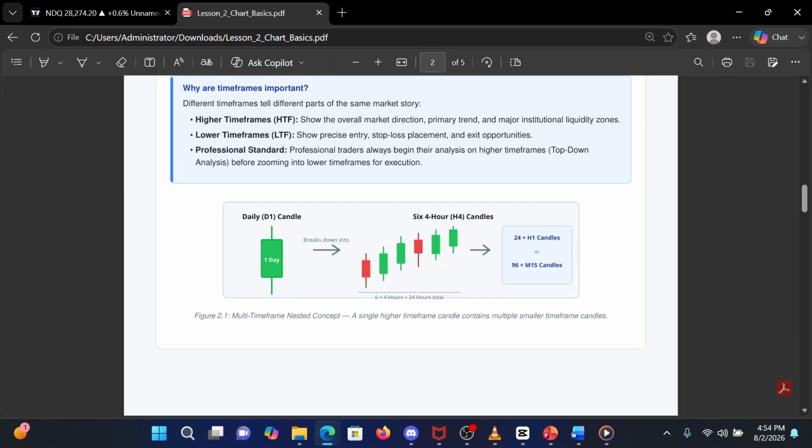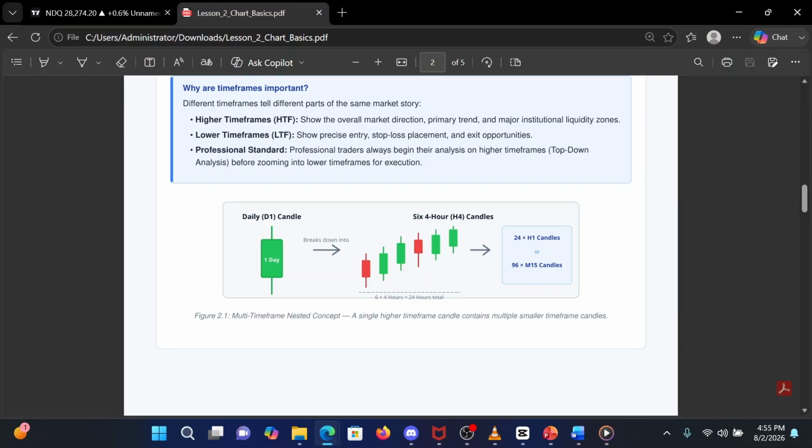Now if we look at this candle, this is a daily candle. As we can see, it takes 6 four-hour candles to form one daily candle. This takes 1 day to form, and how many 4 hours are in one day? 6 candles, or 6 times 4 hours equals 24 hours, which forms the daily time frame.